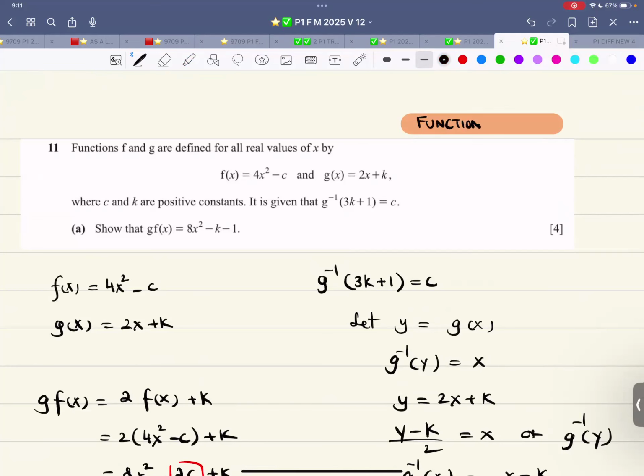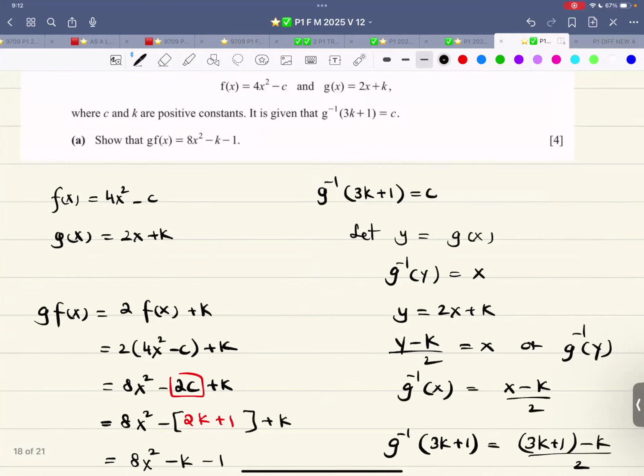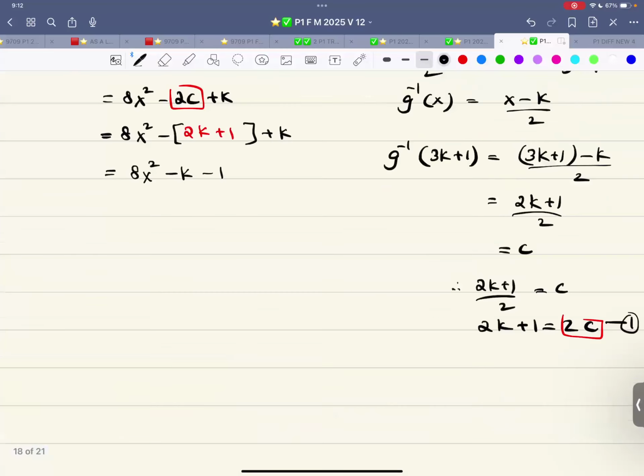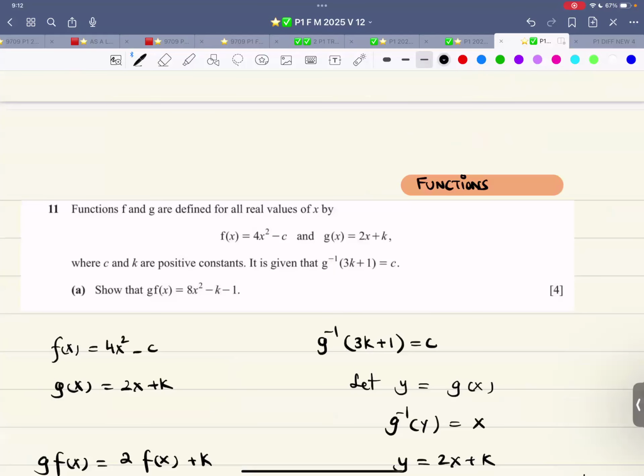So this is about functions, this is about composite, this is about inverse, and the basics of quadratics also. Functions, composite, inverse. It's about transformation, and it's related to quadratics in the sense that it is about range.